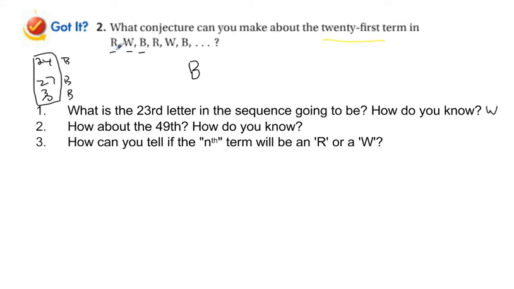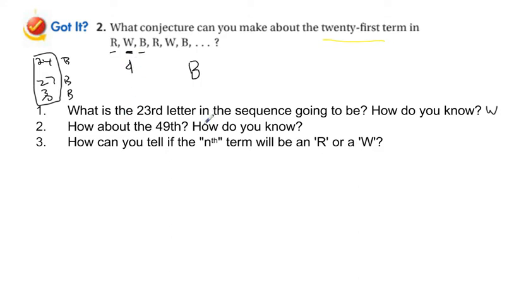Well, if you had a remainder of 1 after you divided by 3, then that term would be R. If you took your number and divided by 3 and got a remainder of 2, then that number would be W. So we know that the 23rd is going to be W, because the 21st is divisible by 3, leaving no remainder, the 22nd leaves a remainder of 1, so it is R, and 23 divided by 3 is 7 with a remainder of 2, which will point you to W.